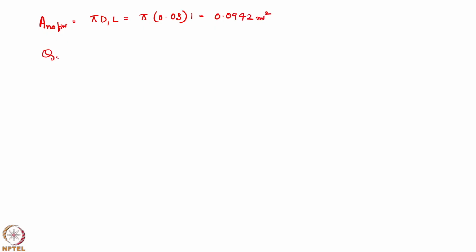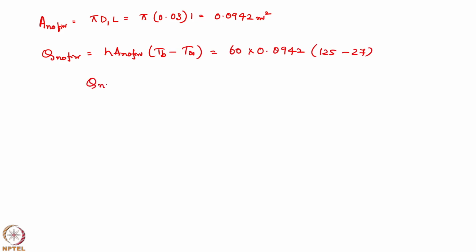Now Q no fin is equal to H into area no fin into Tb minus T infinity. H is 60 into 0.0942 into Tb is 125 minus 27. So you get Q no fin equal to 554 watts for 1 meter.